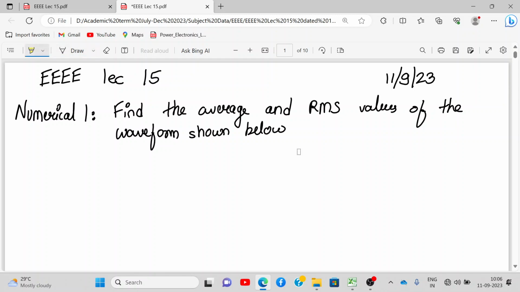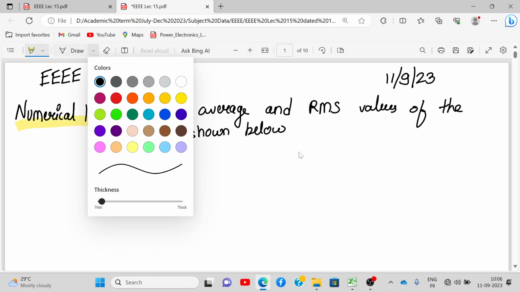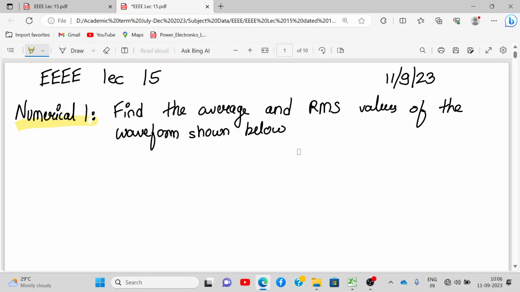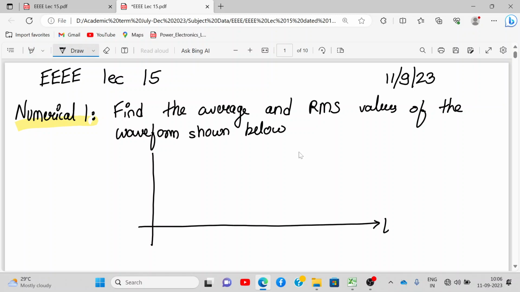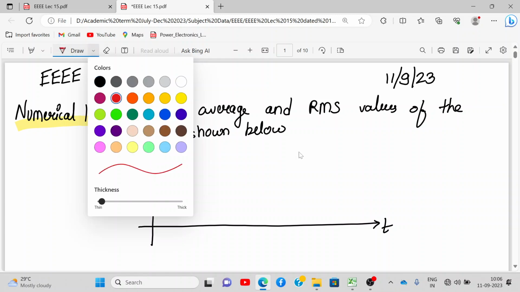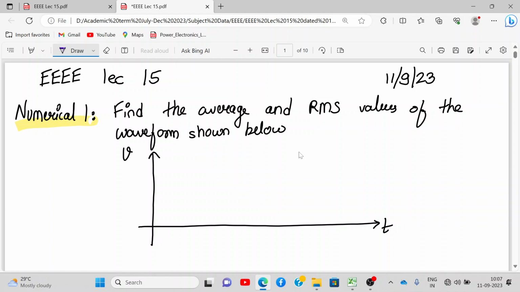So please draw the waveform. The waveform is as follows. This is time and this is voltage, and this is my waveform.